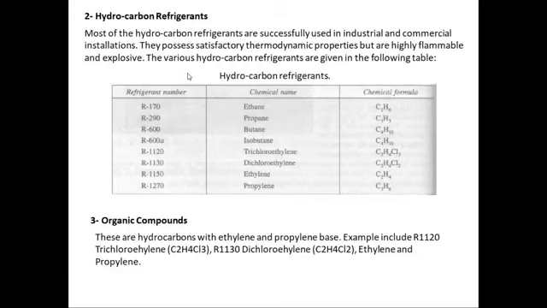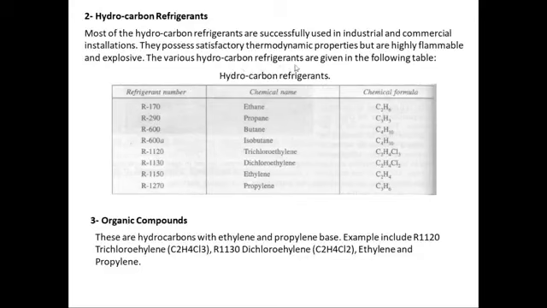But because they have very good properties, they don't affect your atmosphere, your environment. Environmentally very, very safe, but very flammable. So it has the disadvantage of being flammable, but otherwise it doesn't affect your environment. That's why they can be used as a refrigerant.